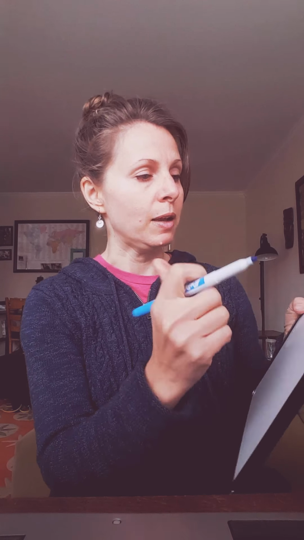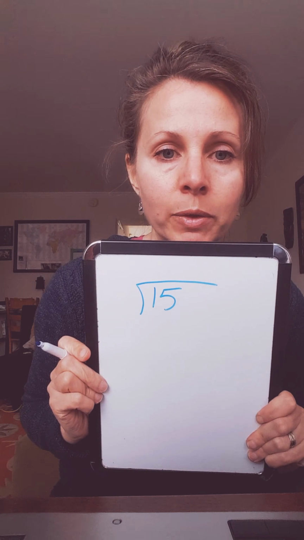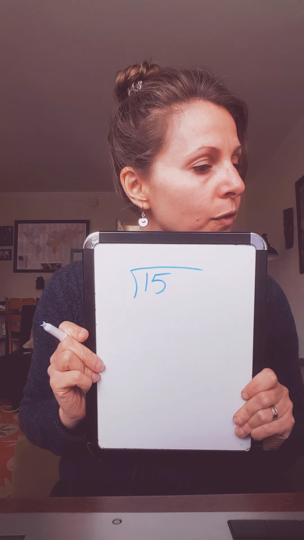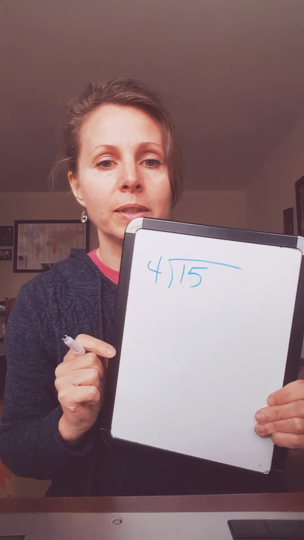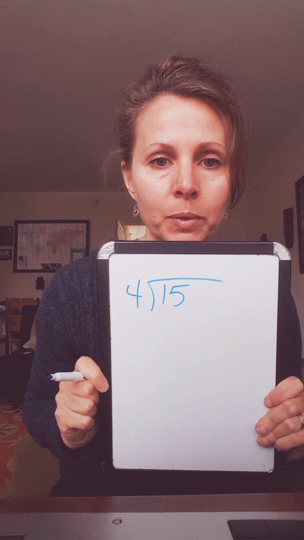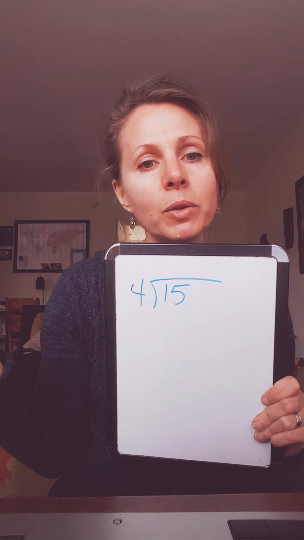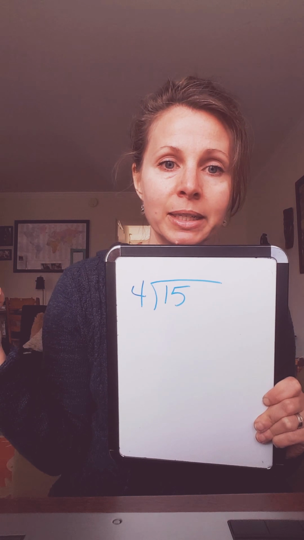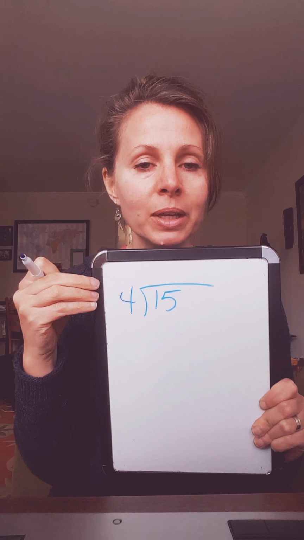If 15 is our dividend, we're going to put it underneath our diving board. And if 4 is our divisor, we put that on the outside. This is how you are going to set up your problems. This goes back to our song: divide, multiply, subtract, bring down. That's how a quotient is found.